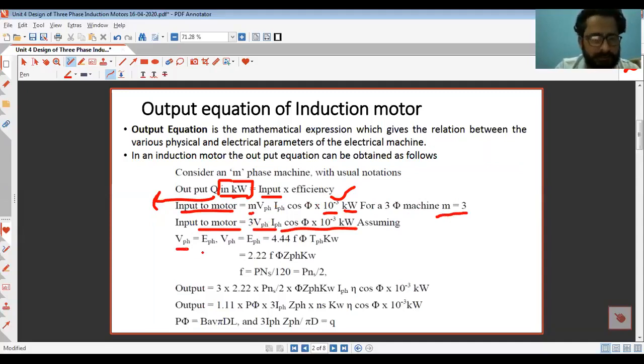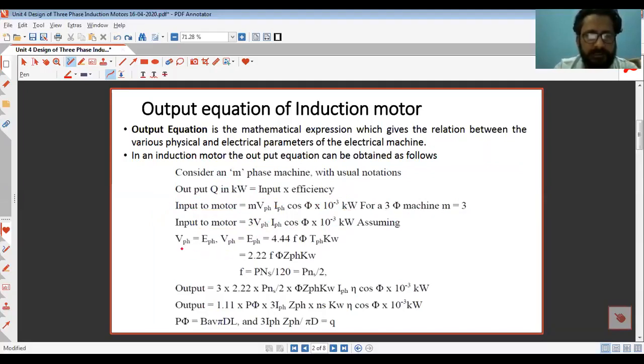So now the standard assumptions have been taken here. You can see the assumptions are like VPH. What is PH here? It is for phase. Okay, VPH is the phase voltage, IPH is the phase current, right? So here VPH is equal to EPH, and you know this, because your three phase induction motor, yesterday also we were discussing, its equivalent circuit is similar to that of a transformer, right?